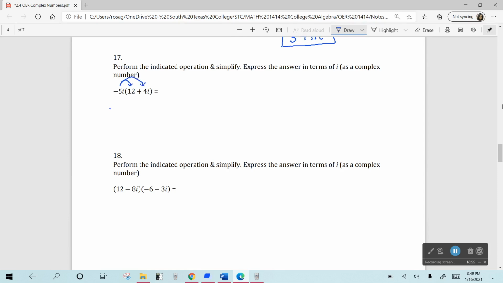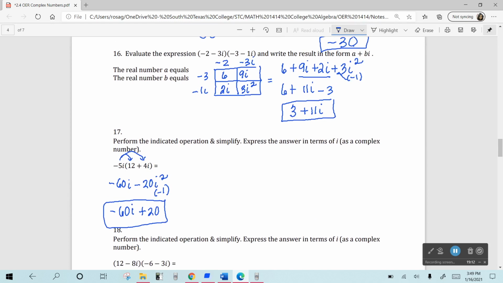So that's going to give you -60i minus 20i squared. But every time you have the i squared, it's a -1. So -60i plus 20. Well, one of the things I wanted to go back here, it asks you for just A and B. So you would say A is 3, B is 11.